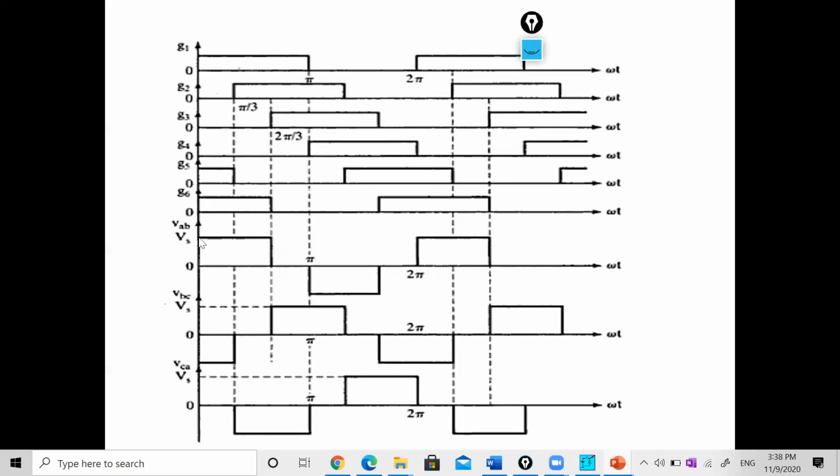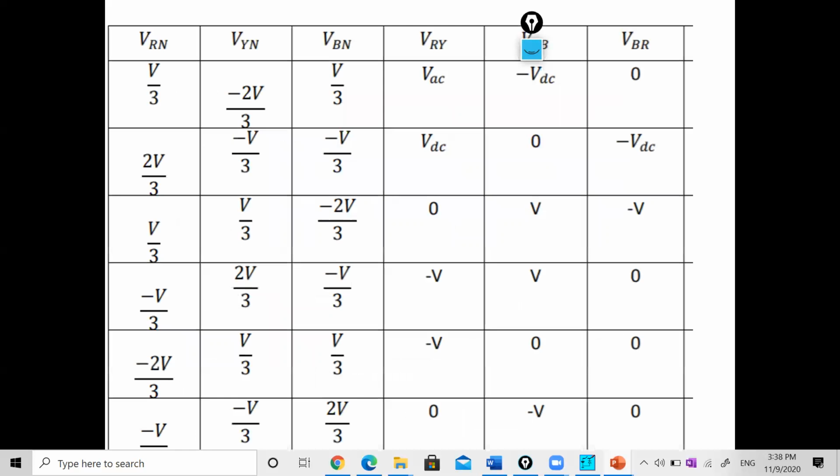VAB is VAN minus VBN, VBC is VBN minus VCN, and VCA is VCN minus VAN. So these are the line voltages for 180-degree conduction mode. Here you can find out the exact table for 0 to 360.